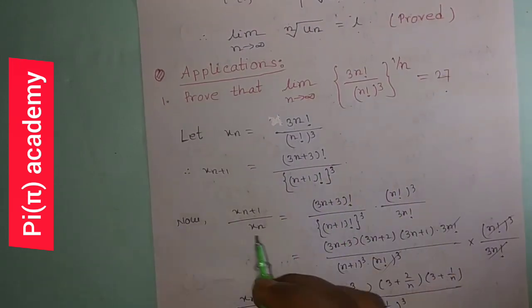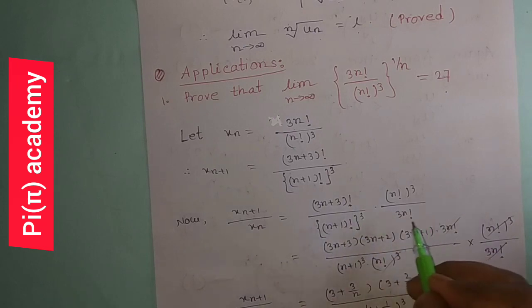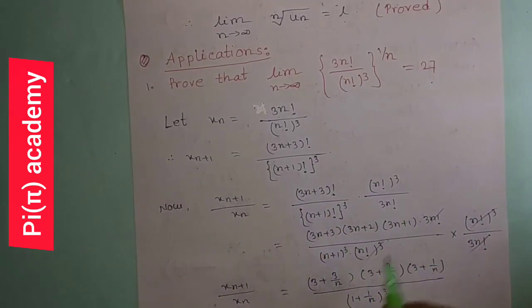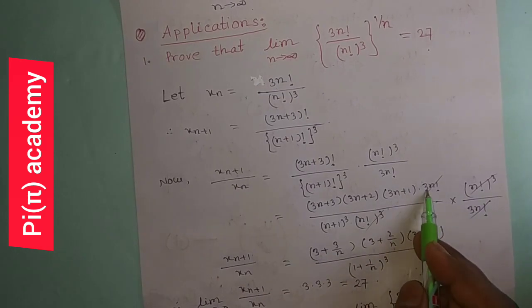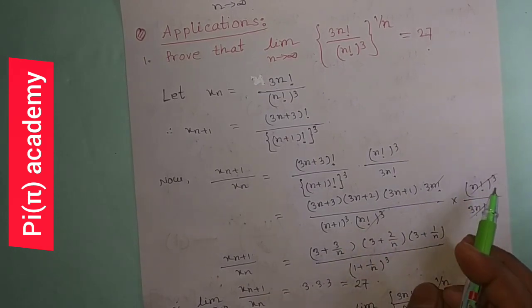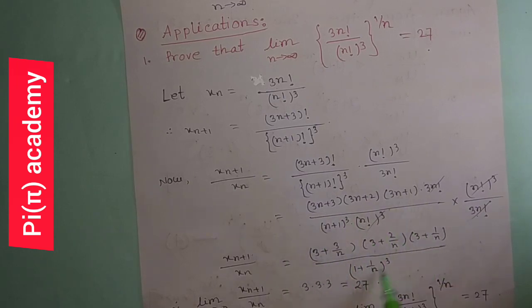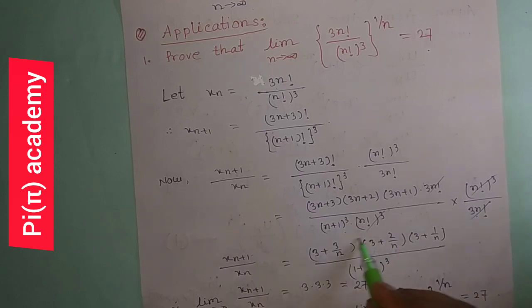Now x_(n+1) divided by x_n is this, and calculating this we get x_(n+1) divided by x_n equal to this. Because 3n factorial cancels and n factorial whole cube cancels, the remaining is this, and we divide the numerator and denominator by n cube, therefore we get this.